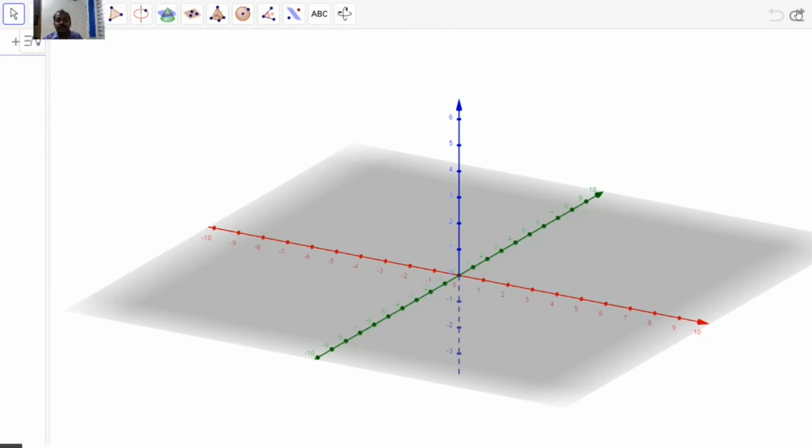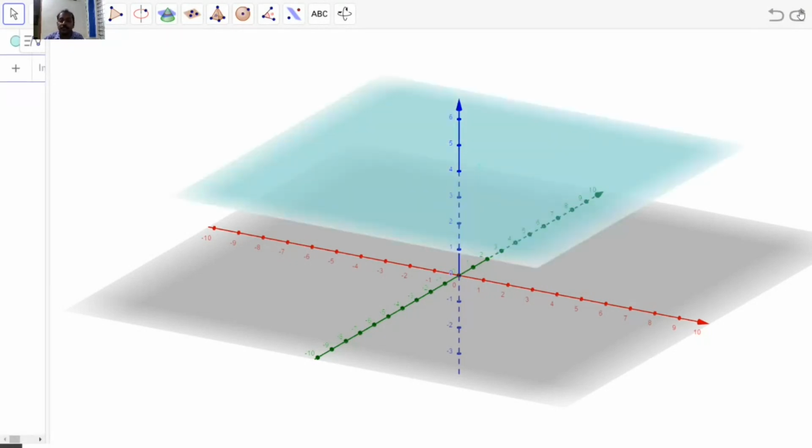First of all, we consider a plane. For convenience, we construct the plane z equal to 4, and consider 2 points A and B on the plane.